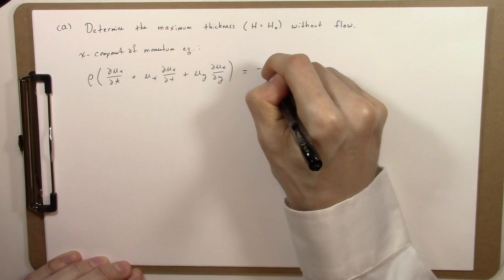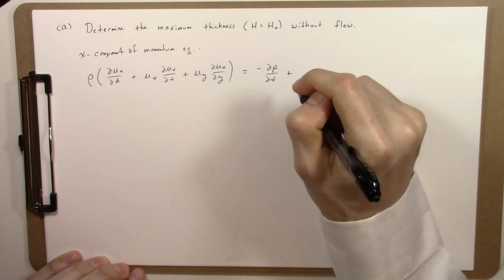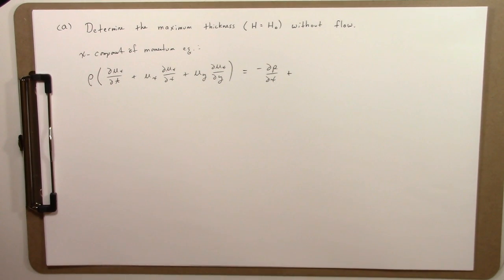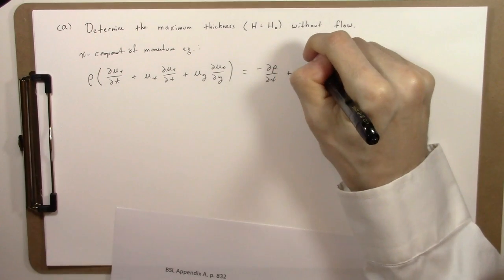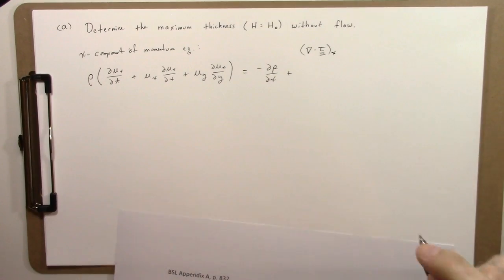This is equal to minus dp dx plus, and if we want to look at it now, we have the x component of del dot tau. So we have del dot tau. We want the x component of this.